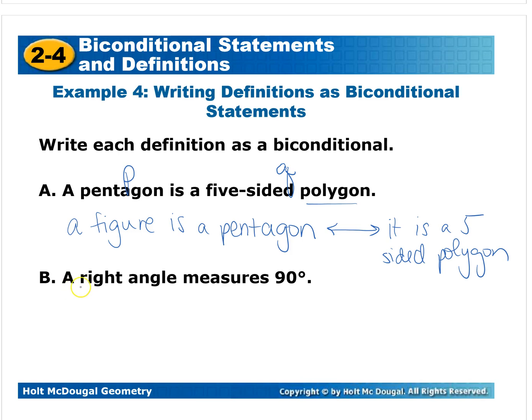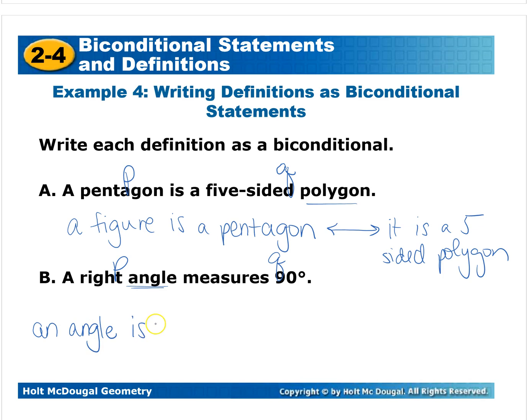So for this next one, a right angle measures 90 degrees. A right angle is our P. Measures 90 degrees is our Q. So you want it to flow. And let's use IFF this time just to show you a different way of writing the if and only if. So what are we talking about here? It looks like we're talking about an angle. So an angle is what?